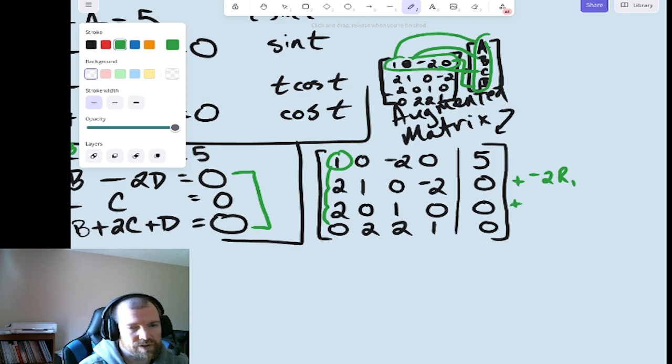Similarly, I'm going to add to this one a -2 times R1 as well. That will get rid of all of the first terms all the way down. Our goal here is equal to, we had 5, 0, 0, 0.